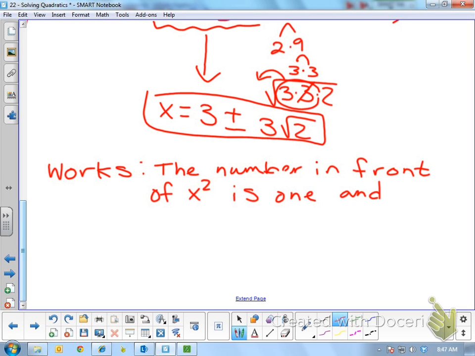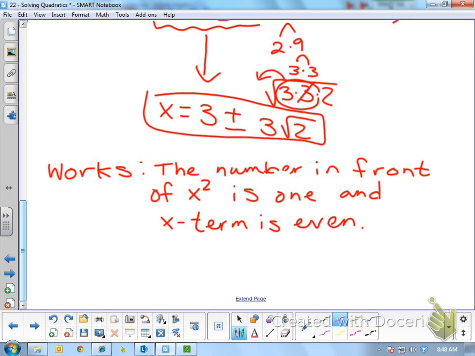And again, technically it works in every situation, but there's only one type of situation we know how to work with right now. When the number in front of x squared is a 1, and the x term is even.